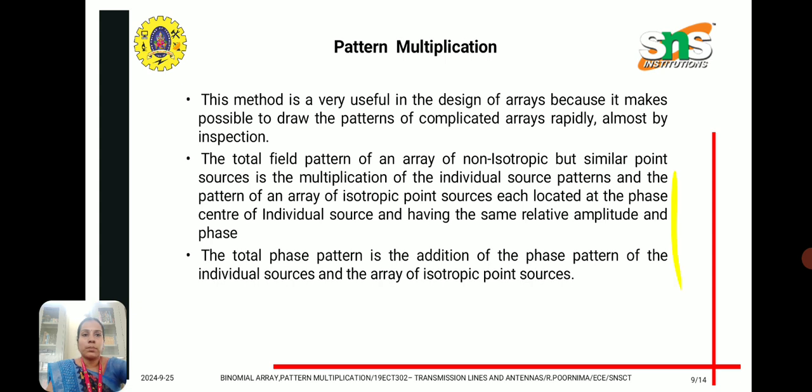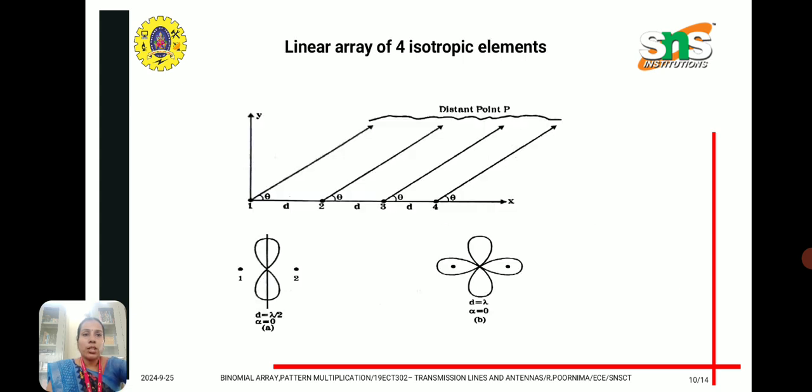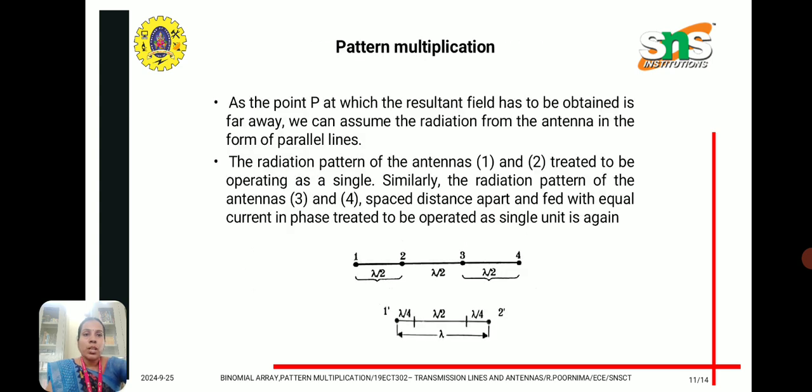So the total phase pattern is the addition of the phase pattern of the individual sources and the array of isotropic point sources. Here a linear array of 4 isotropic elements is given. The spacing between each element is the same, and pattern multiplication is done for these 4 isotropic elements. For the point P at which the resultant field has to be obtained, we can assume that the radiation pattern from the antennas is in the form of parallel lines.